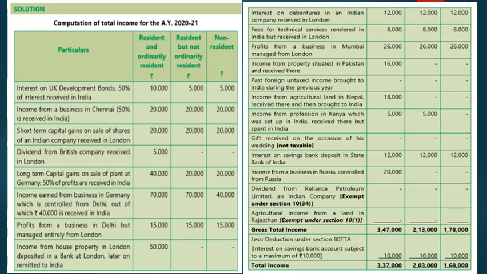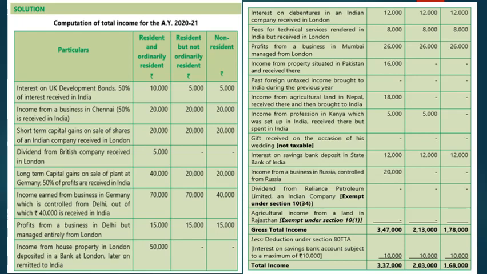Long-term capital gain on sale of plant at Germany, 50% of the profit received in India. So only the amount of profit received in India is taxable to not ordinary resident and non-resident, that is 20,000, and the full amount is taxable to the ordinary resident. Income earned from business in Germany, which is controlled from Delhi, of which 40,000 is received in India.